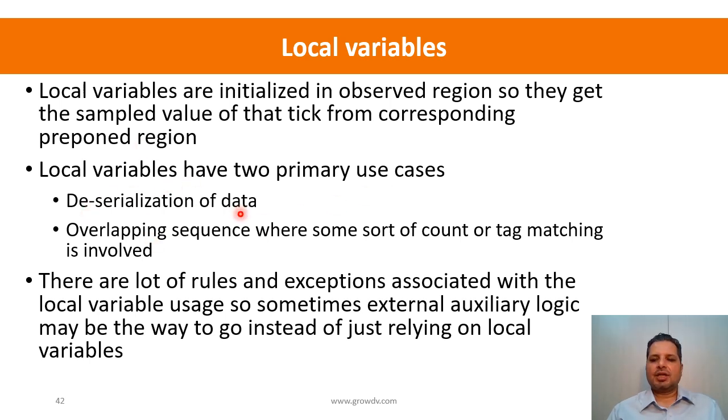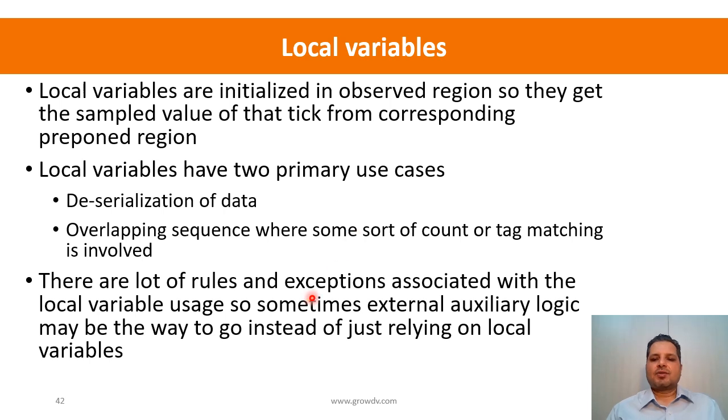You can use them for deserialization of data, and for overlapping sequences, like we saw with multiple requests coming in while you're waiting for a grant and you want to match the count. Those types of problems, where either a count or a tag based matching is involved, or out of order processing, you can solve using local variables.